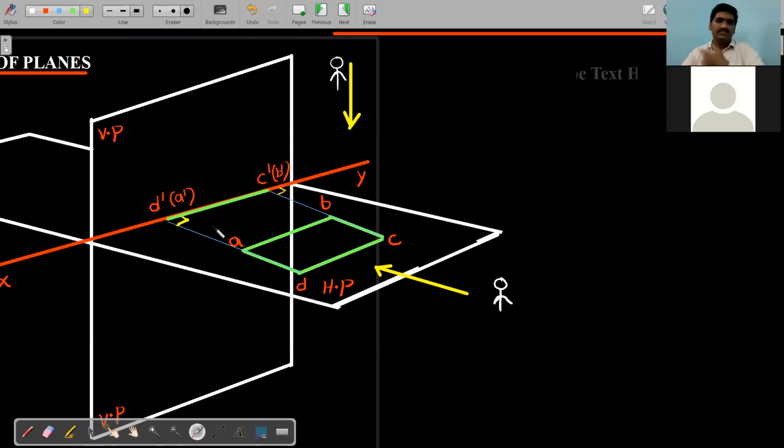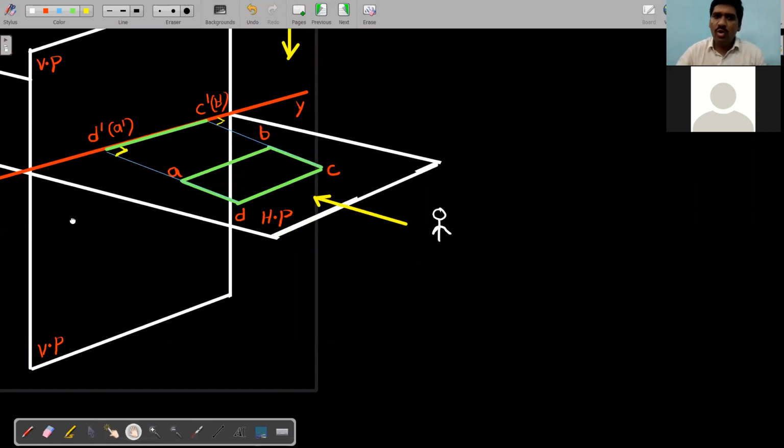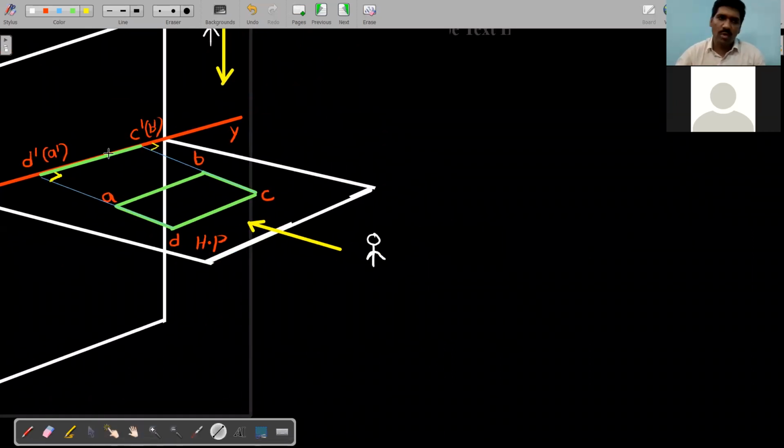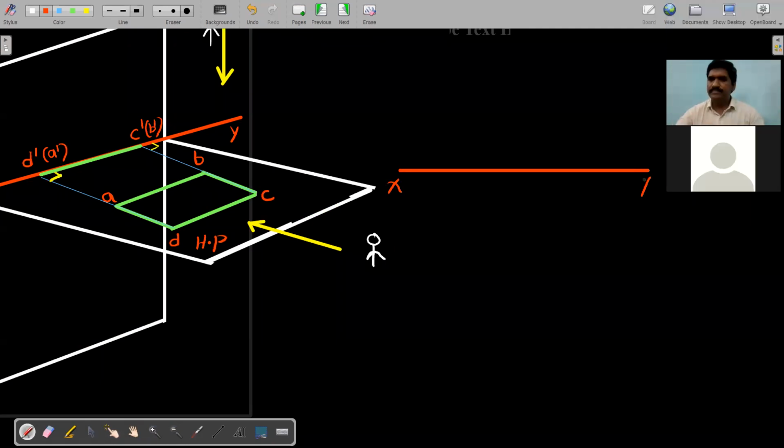However, one doubt: while drawing the projections, please tell me all of you, do we have to start with the front view or the top view? That is my doubt. Should we start with the front view or with the top view? Here, what shall we do? XY, yes, one second, let me complete here, I will explain.